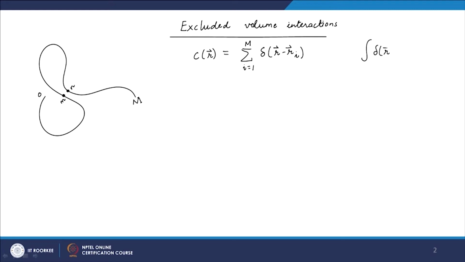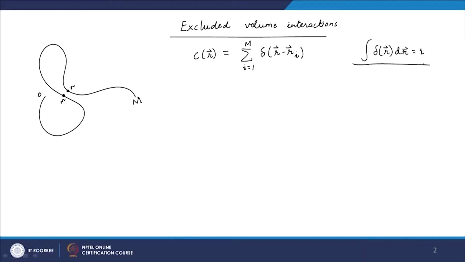the delta function over the entire space, then that is equal to 1. Delta essentially means that it is equal to a finite number when R is equal to Ri and it is 0 otherwise, and formally it has to satisfy the condition of normalization.